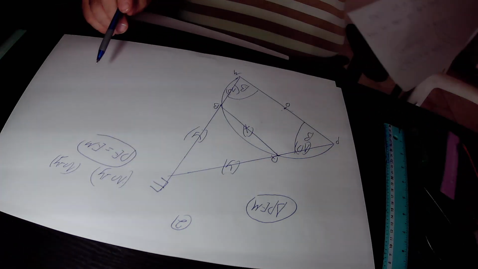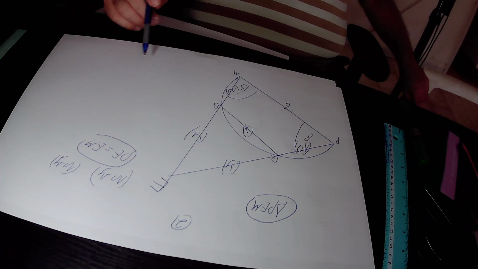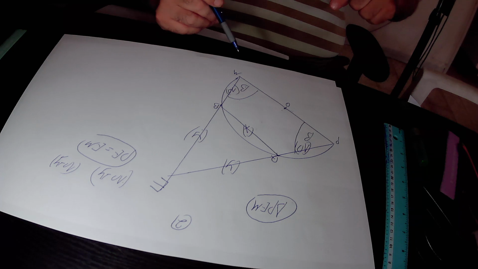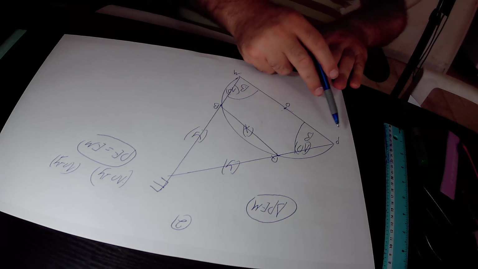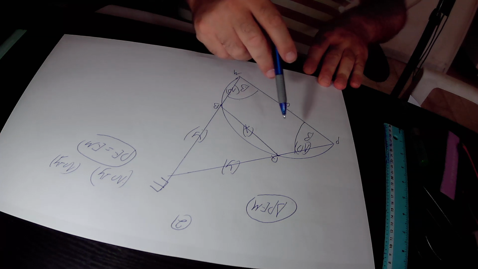So actually, according to the rule that I presented to you, the sum of those two opposite angles must be equal to 180 degrees, because this quadrangle PQBM is inscribed by a circle.